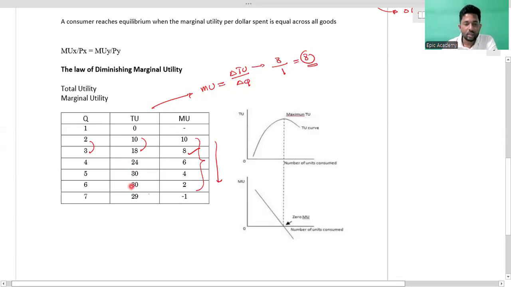When you reach the maximum total utility, marginal utility definitely becomes 0. After that point, if you increase the consumption, total utility follows a reducing pattern, so marginal utility always takes a negative value. That means for an additional unit of consumption, there is no satisfaction for the consumer. That is why it takes negative values.